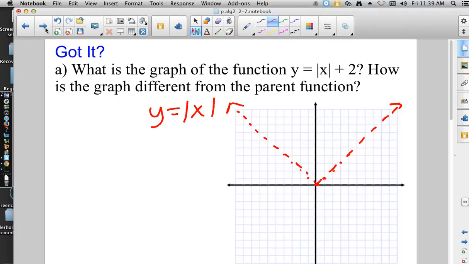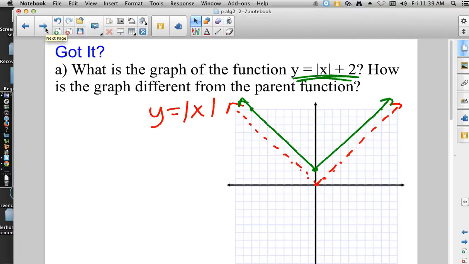And then I say, I don't need a table. All I need to know is what that 2 is going to do. What is that 2 going to do? We count. Up 2. And we aim.